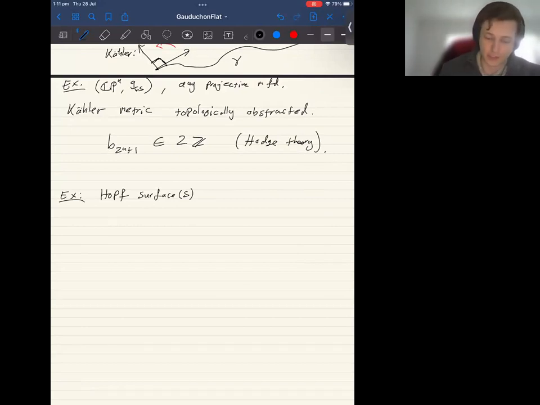So I guess for those who have done a little bit of, for example, the UQ course in Riemannian geometry, they're probably familiar with a similar kind of construction.